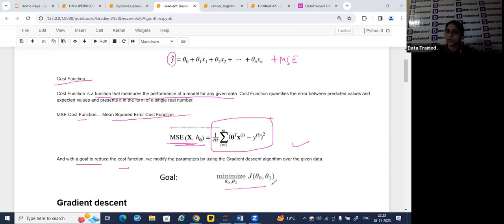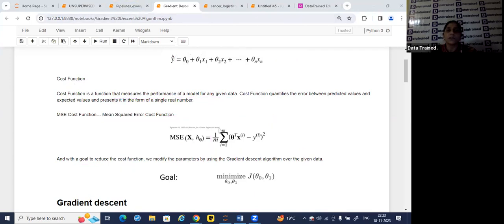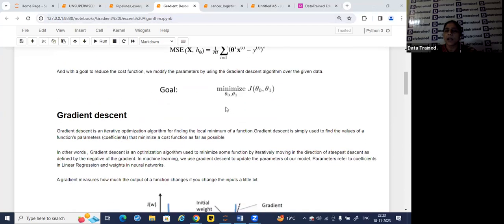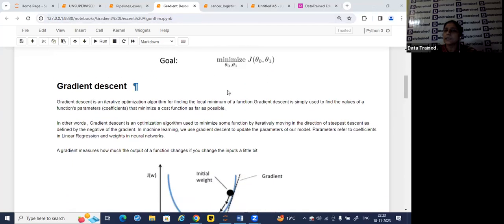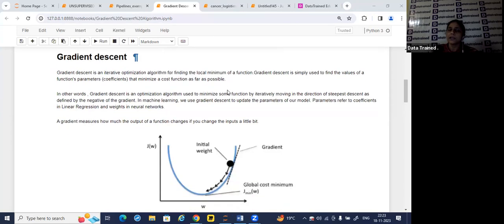If we want to minimize the error, there is one more algorithm which will try to adjust its internal parameters to bring the error down. That algorithm is gradient descent. Now let's see how gradient descent works.